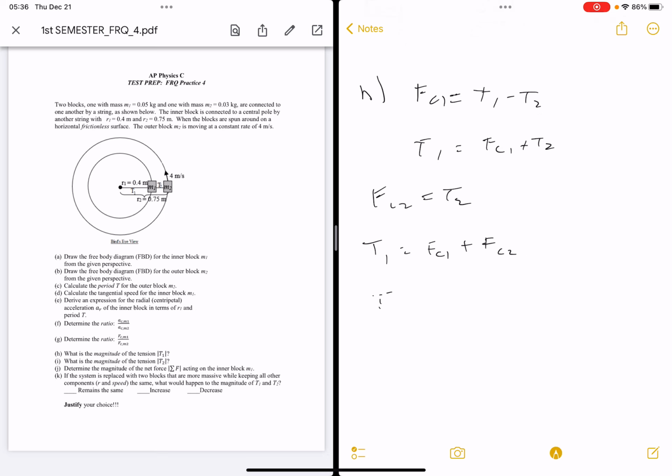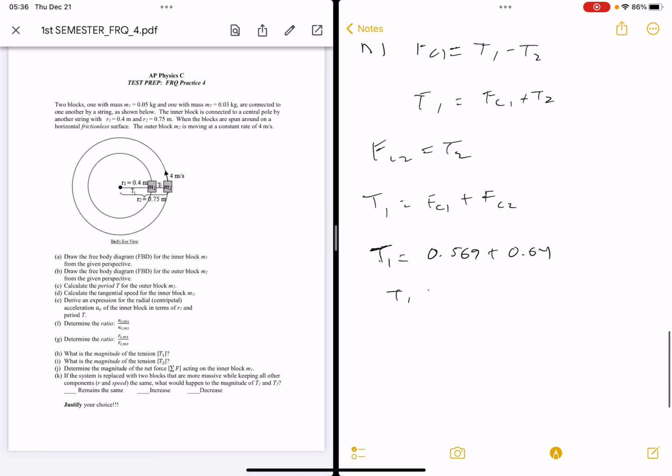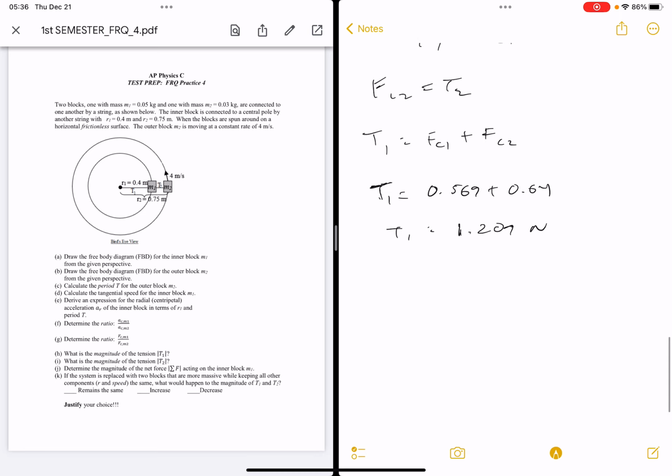So T1 equals 0.569 plus 0.64. And T1 equals 1.209 newtons. For I, it's easy too. They want T2. We know that FC2 equals T2. So T2 is just equal to 0.64 newtons.